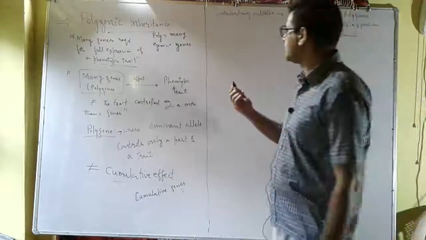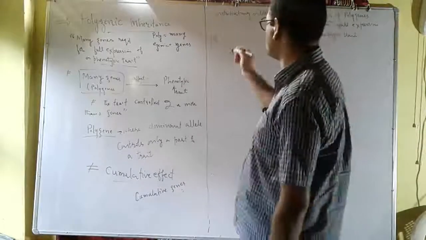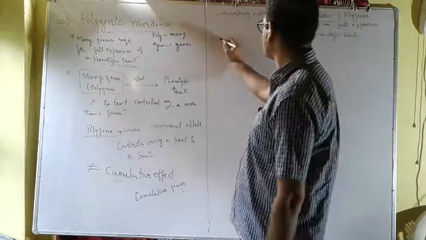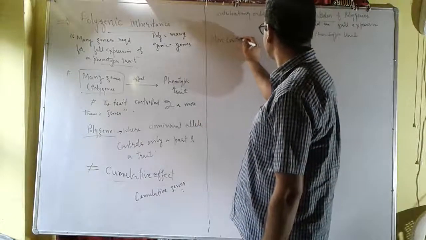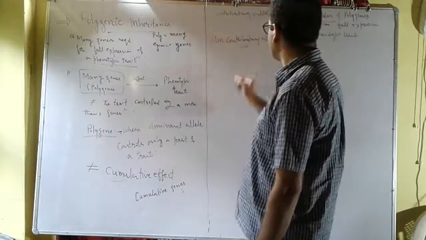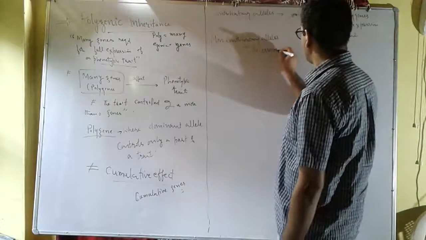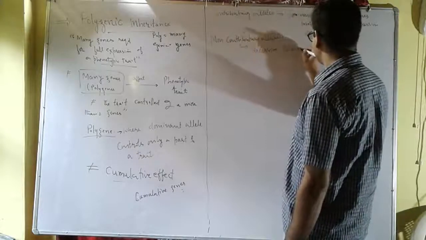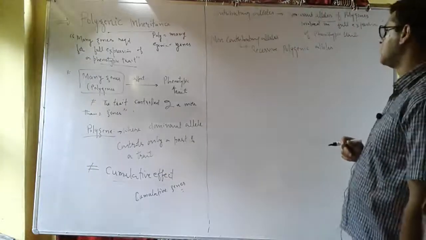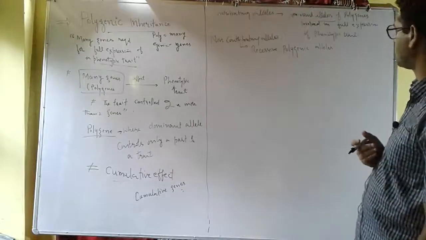And there are non-contributing alleles. That means recessive polygenic alleles are known as non-contributing alleles because they do not contribute to the expression of the phenotypic trait. These non-contributing alleles are basically the recessive polygenic alleles, which are not required and do not get involved in the complete expression of the phenotypic trait.